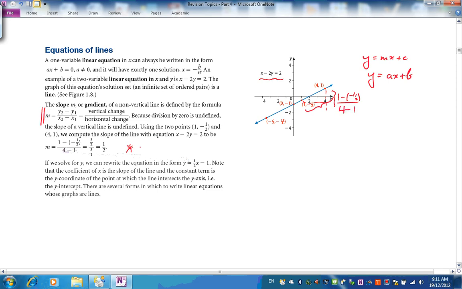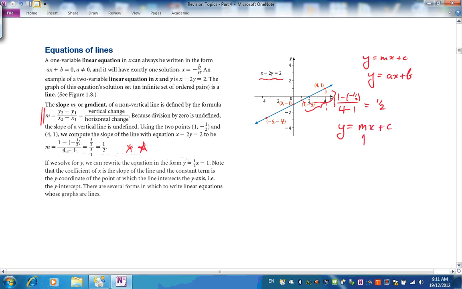So that's what they're doing over here, and hopefully you have done that in year 9 and 10. So you can find the slope. So the slope in this particular case will come to 1/2, and you might rewrite the equation in a different form. Do you remember y equals mx plus c form?